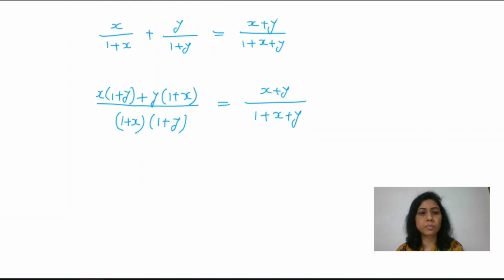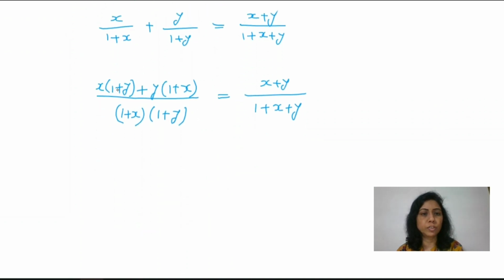We can simplify here the numerator and denominator. So this is x plus xy plus y multiply x, so yx, or we can write xy.